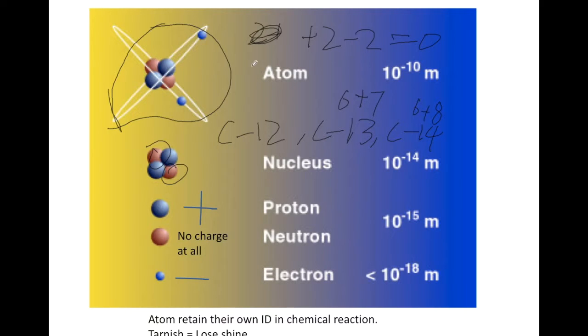Basically, if you haven't already figured it out, the way to calculate the total charge of an atom is just adding the total charge of protons and the total charge of electrons. The total charge of electrons will always have a negative sign in front of it. So basically, it's like this. I don't know if you can see that very clearly, but we just ignore this part.